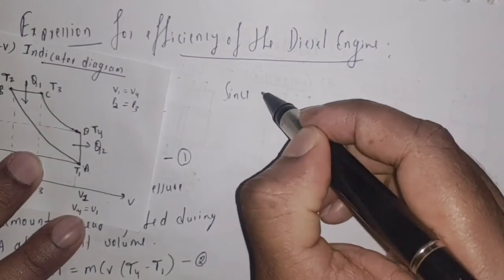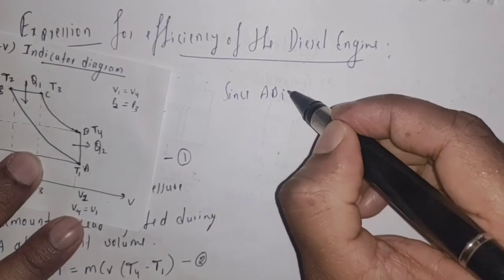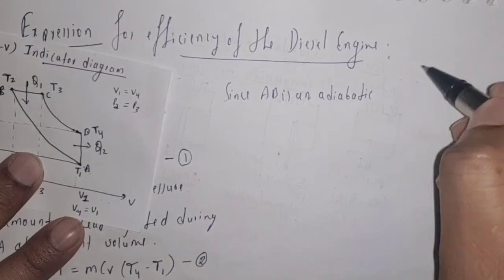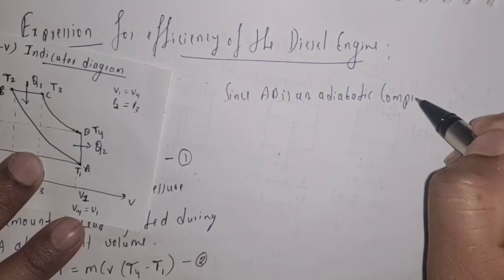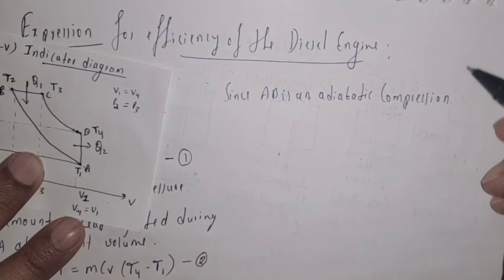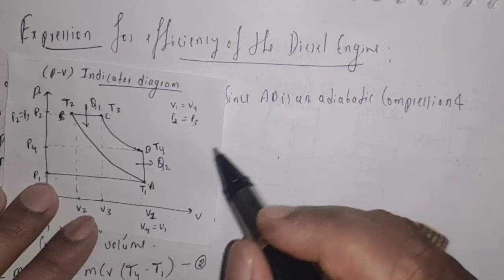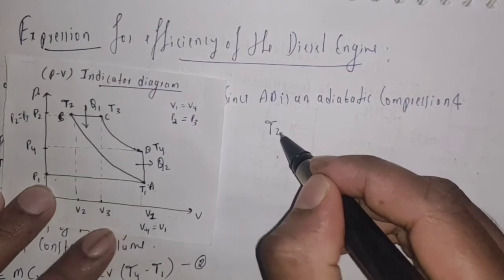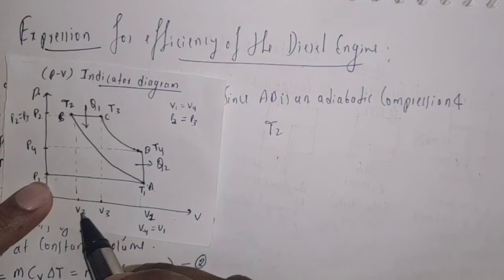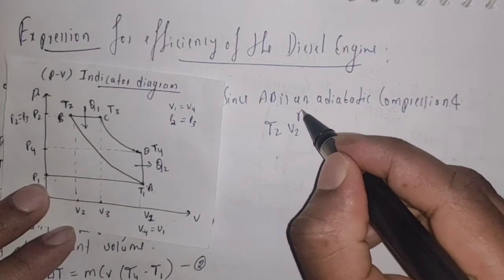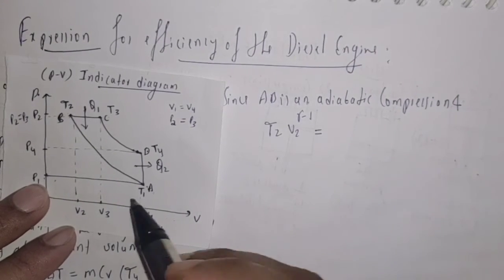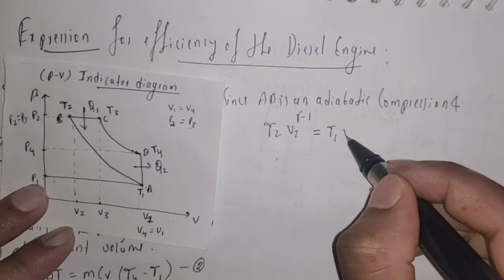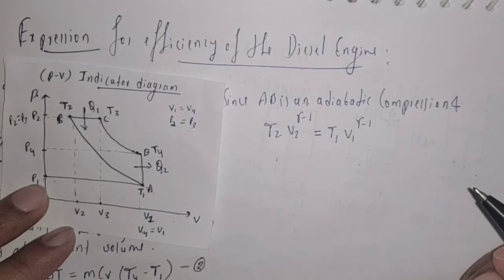Since AB is an adiabatic compression, T2 V2 to the power gamma minus 1 is equal to T1 V1 to the power gamma minus 1.